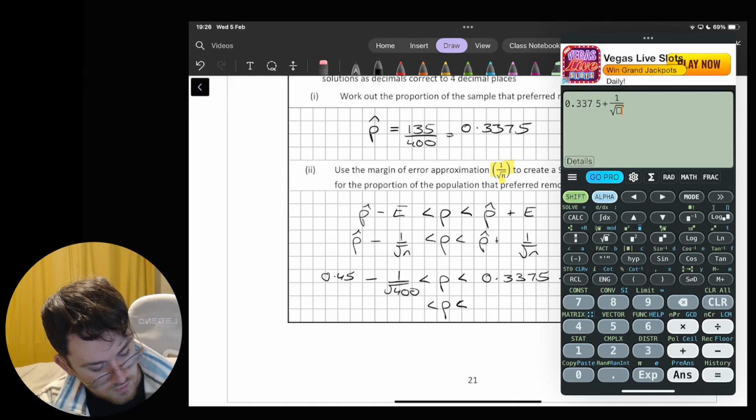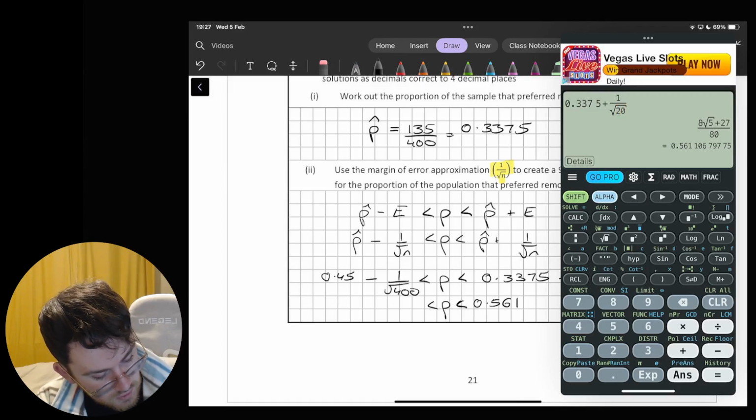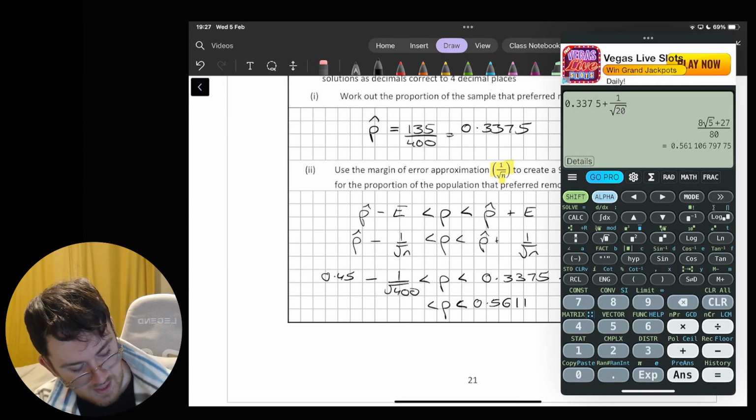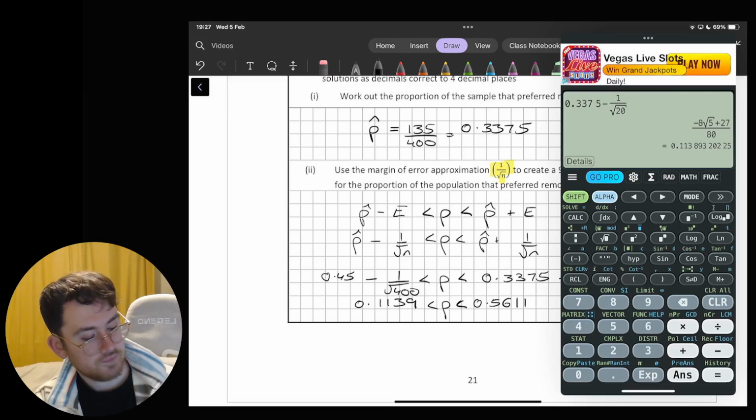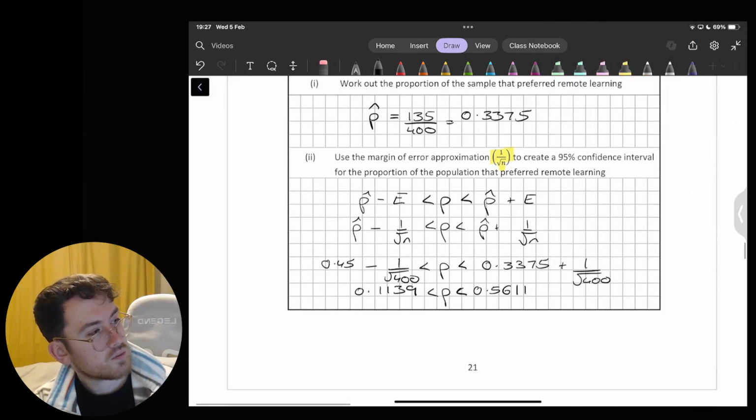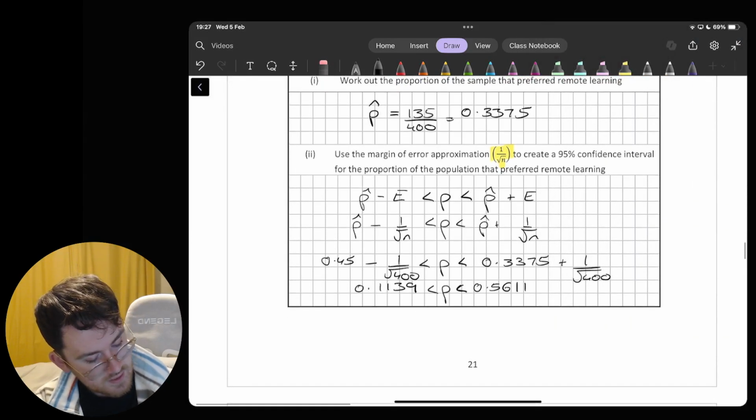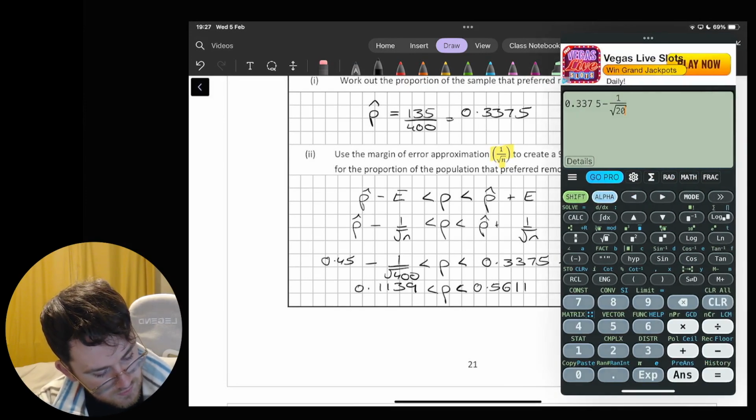0.3375 plus 1 over root 20 gives me 0.5611. And on the other side, subtracting the error, I don't know why I keep hitting multiply, 0.1139. Did I fill in 400? Oh, sorry, I only filled in 20 there. Disaster.